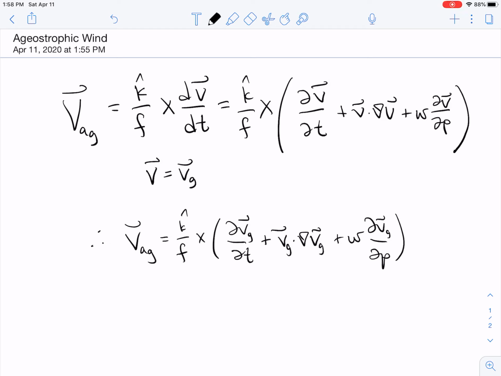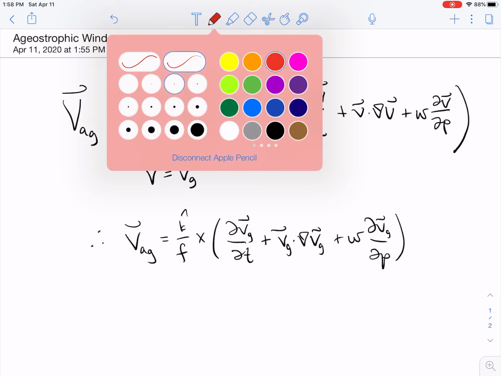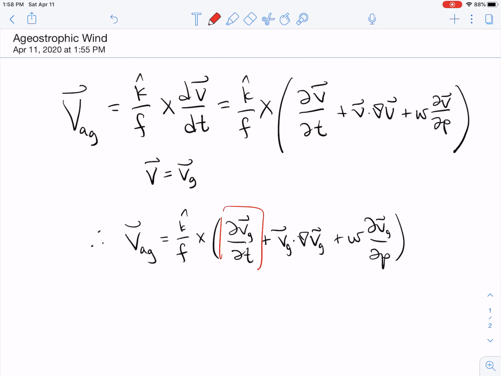And we want to look at two of these elements in a little bit more detail to unlock some of the things that are contained within this ageostrophic wind. And so we are going to look at our first term here, which is our local wind tendency, and will allow us to determine the isobaric wind.